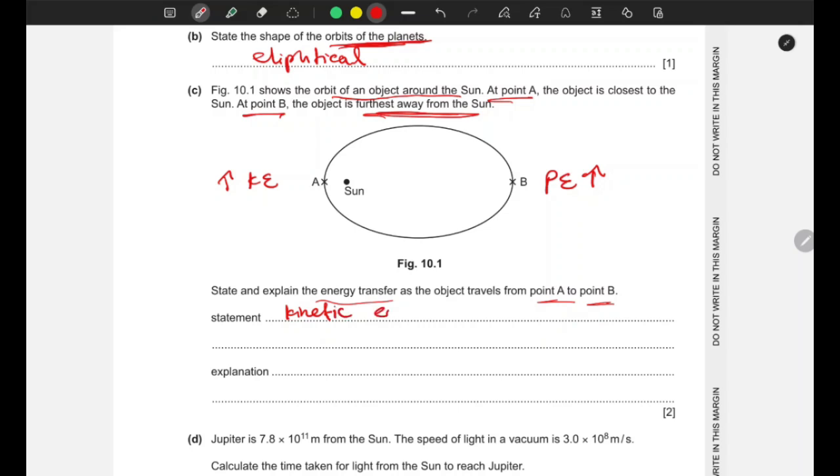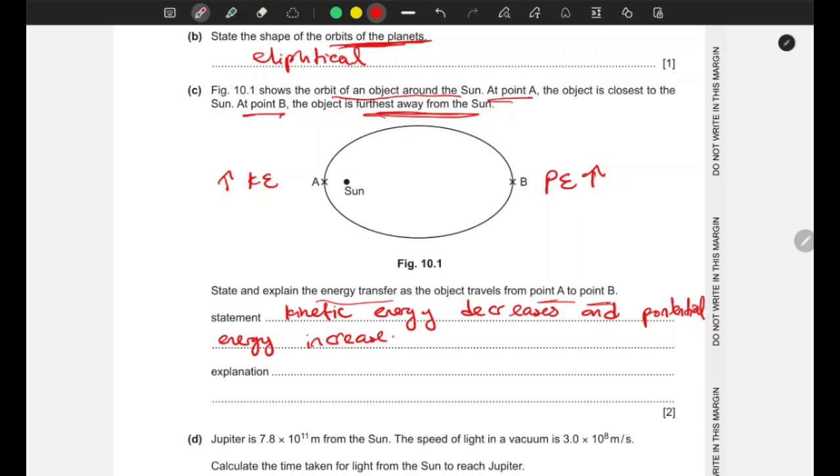So from A to B, kinetic energy decreases and potential energy increases.